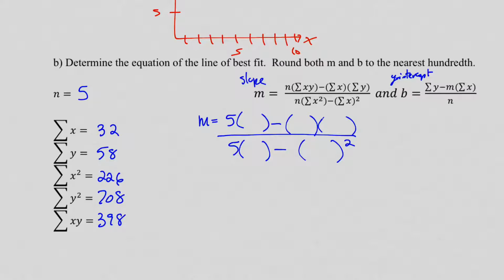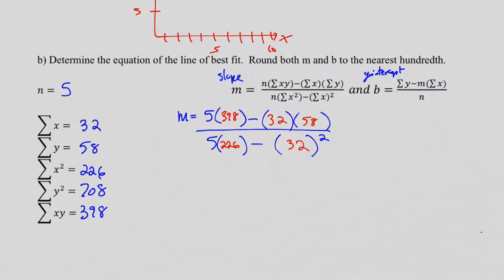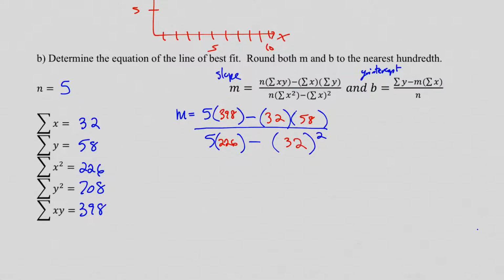Okay, so we're going to put the sum of the xy's, that's 398. The sum of the x's is 32. The sum of the y's is 58. The sum of the x squares is 226. And then the sum of the x's is 32, and then we need to square that, as you can see there. Okay, so we're just going to take our time and calculate these.